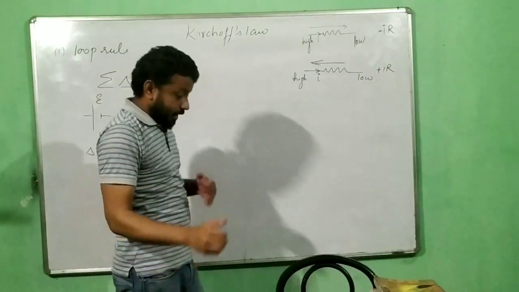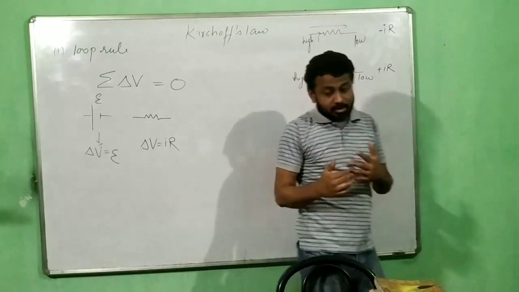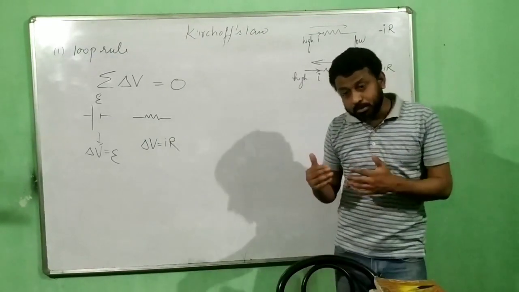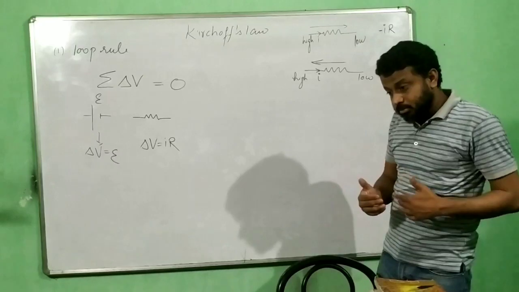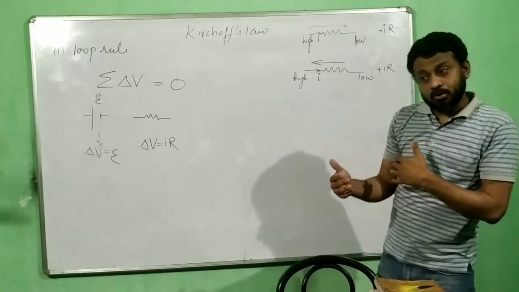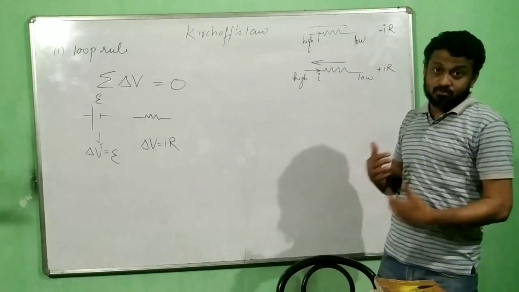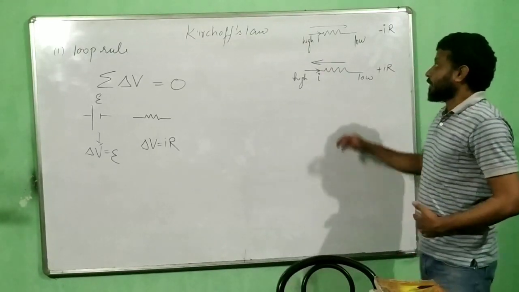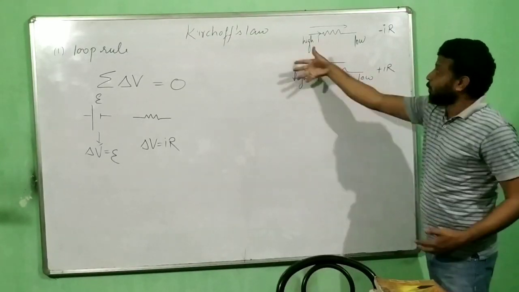Okay? Try to understand it in this manner. Just imagine you are trying to swim downstream. You can swim downstream very easily, so basically you are not doing any work. But when you are swimming upstream, you have to do some work, right? Positive work. So when you are going against the flow of current, plus IR.